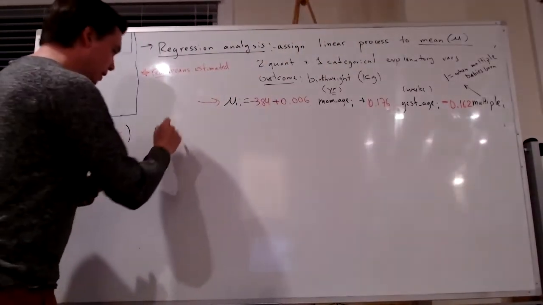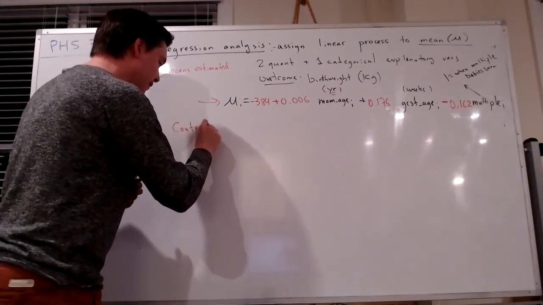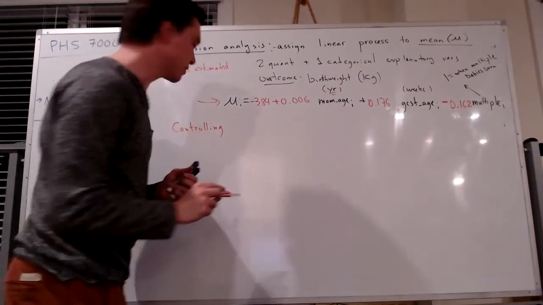So, controlling for, remember I said I'm going to model different ways of interpreting.